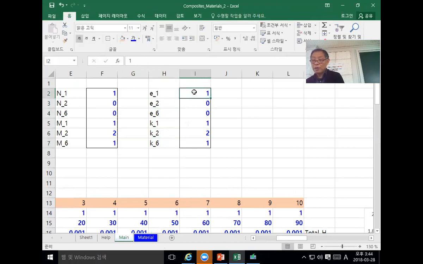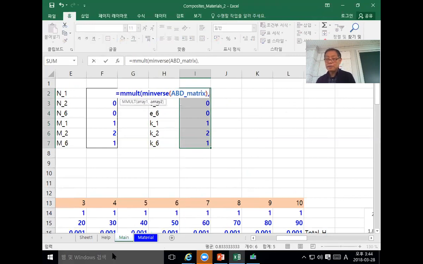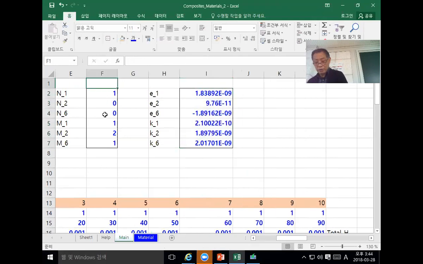Okay, so this one again equals the inverse of the ABD matrix times this guy. Let's call it a load. Okay. So this one I will change the name to load.